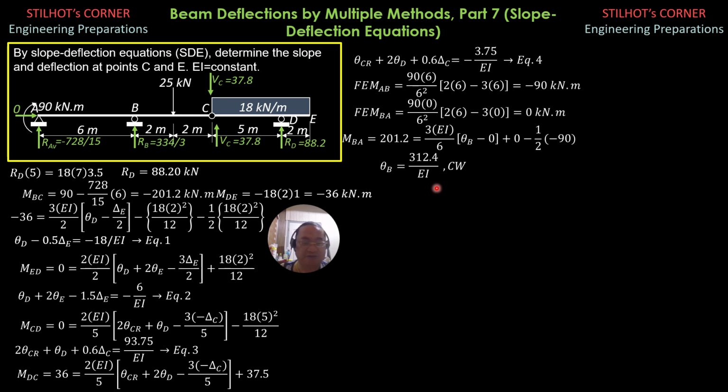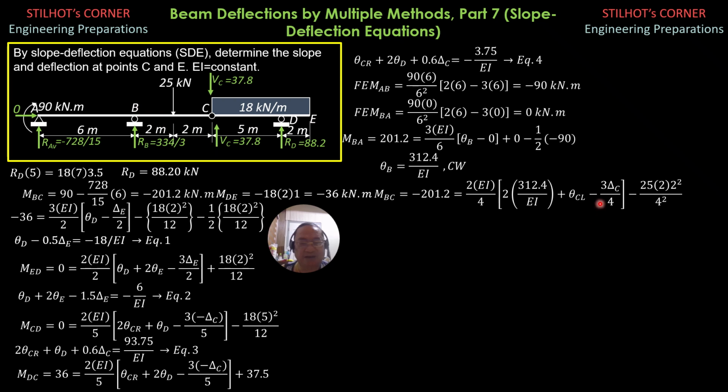So having found theta B, we then set up moment BC, which is negative 201.2. So negative 201.2 equals 2 EI over L, which is for quantity 2 theta B. Theta B has been solved, plus theta C left here, minus 3 times delta C over 4. So remember, the assumption is delta C will deflect downward, and the rotation of B to C left would be clockwise.